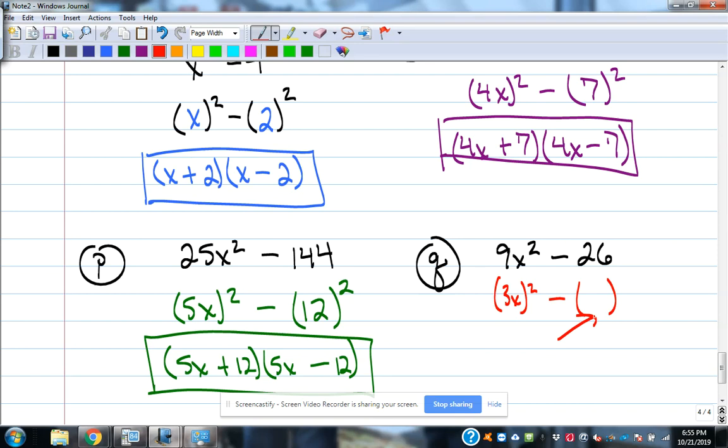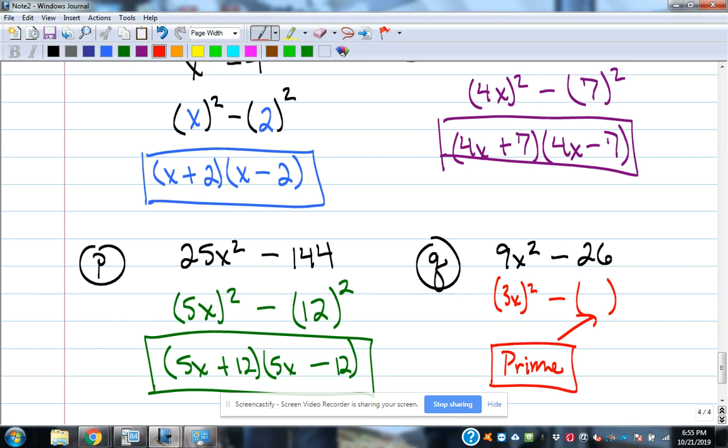This doesn't work. You can't factor it; we'll call this prime. It can't be factored. It has to be a minus sign in the middle, and you have to be able to rewrite it as the difference of two squares to be able to shortcut to the factors like that.